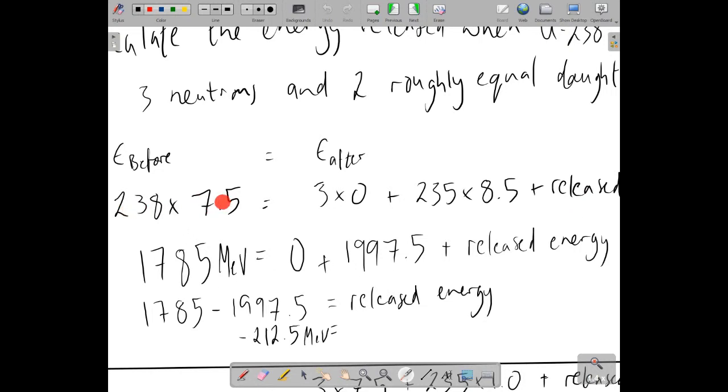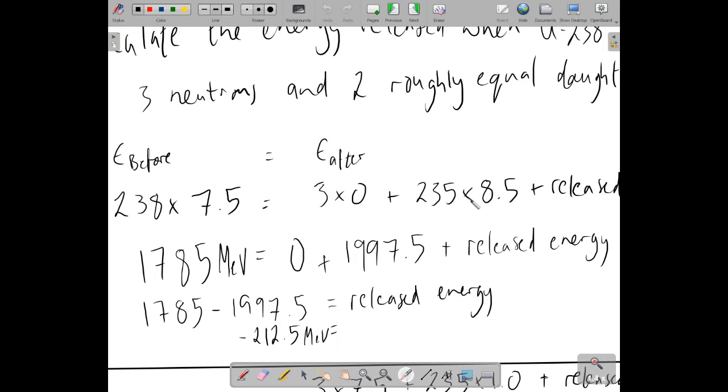So 238 times 7.5, this is 238 nucleons with an average binding energy of 7.5 MeV per nucleon, gives me 1,785 MeV as a total. And on the other side I've got 0 binding energy for the 3 neutrons, and I've got 8.5 for the remaining 2 daughter nuclei.